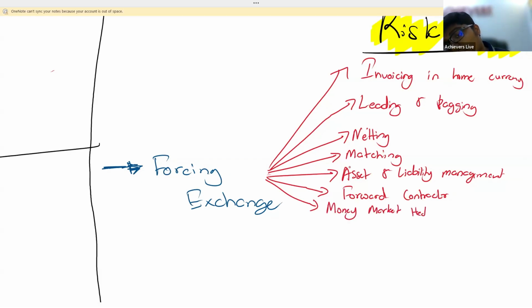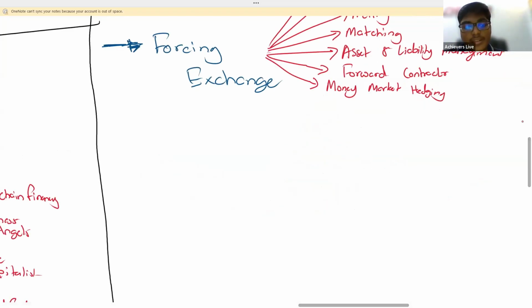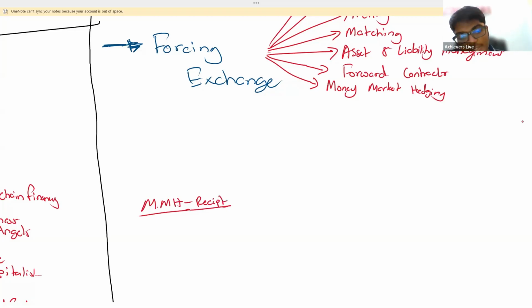So you have to remember the numbers, okay, for money market hedging, the steps. For receipts is different, for payments is different. Money market hedging for receipts, what are the steps? Let me write it here. Money market hedge. Receipt. Can you all tell me what is step one? Take a loan in foreign currency.